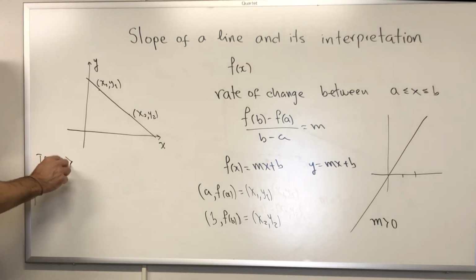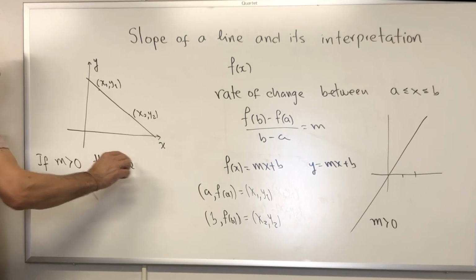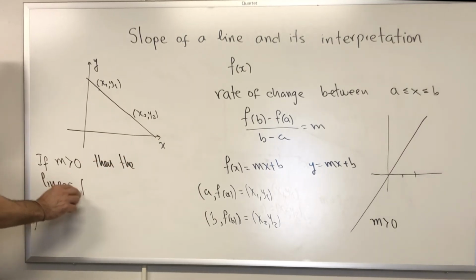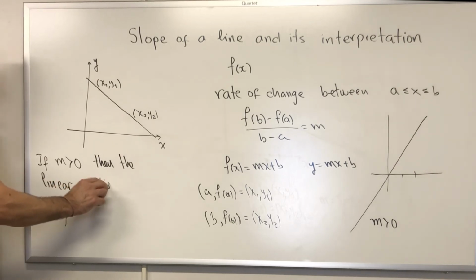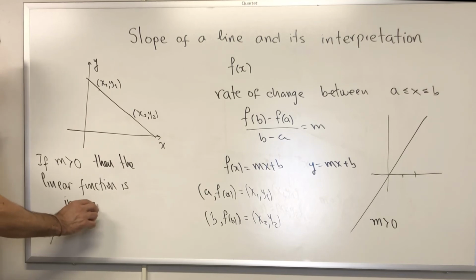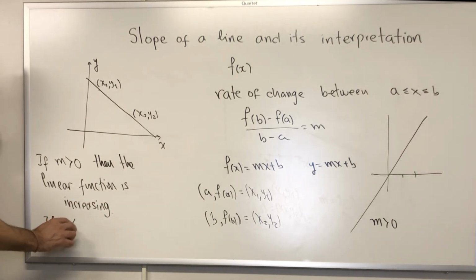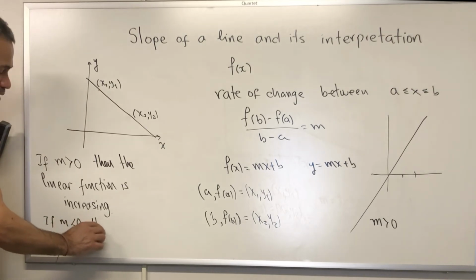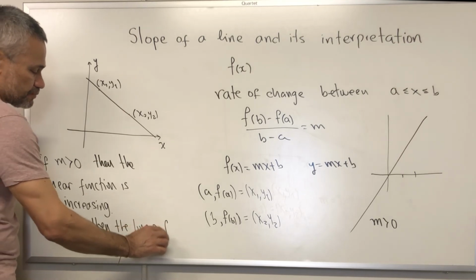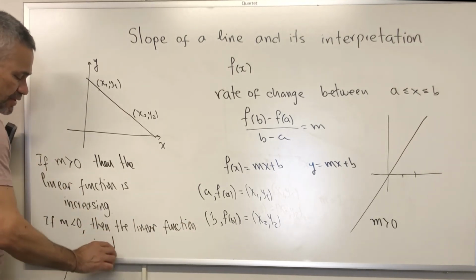If m is bigger than 0, then the function is increasing, the linear function is increasing. And if m is smaller than 0, then the linear function is decreasing.